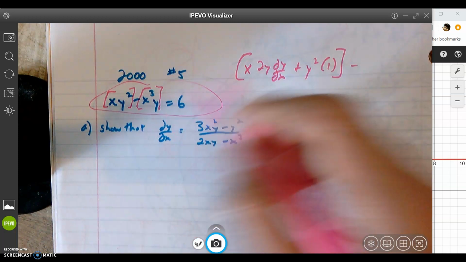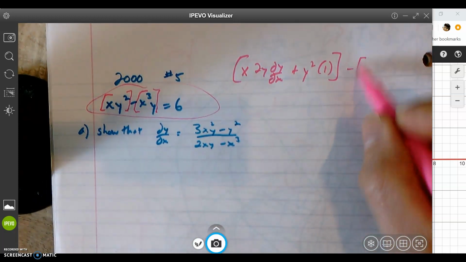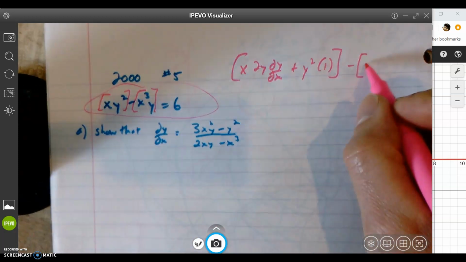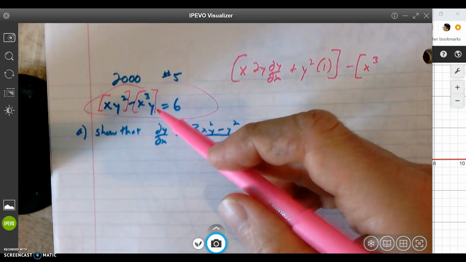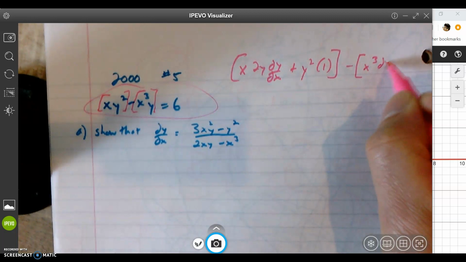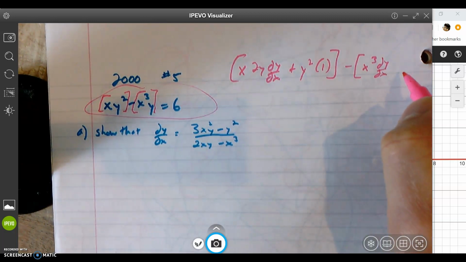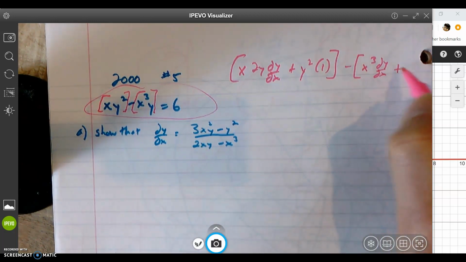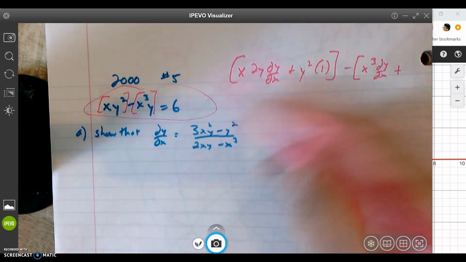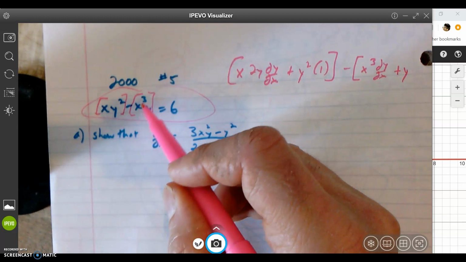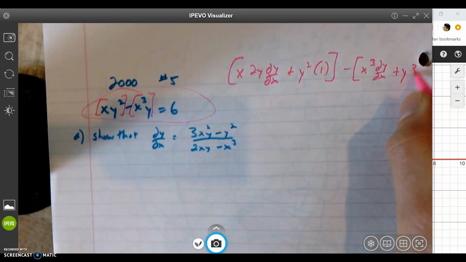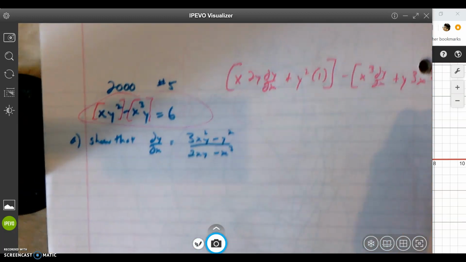I'm going to put it in brackets because I have to distribute that negative later. Write down the first, x to the third, derivative of the second, derivative of y is 1 dy dx, plus write down the second, y, and then derivative of the first, derivative of x to the third is 3x squared.